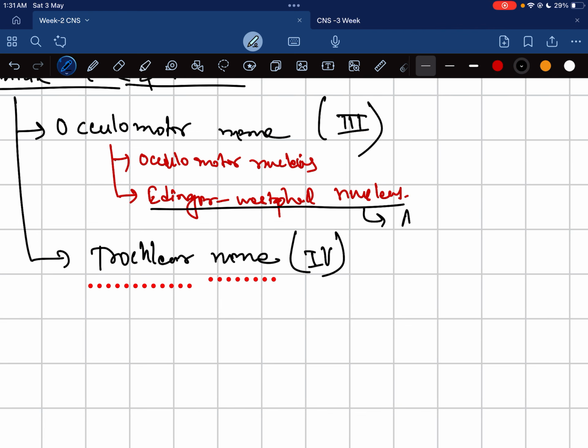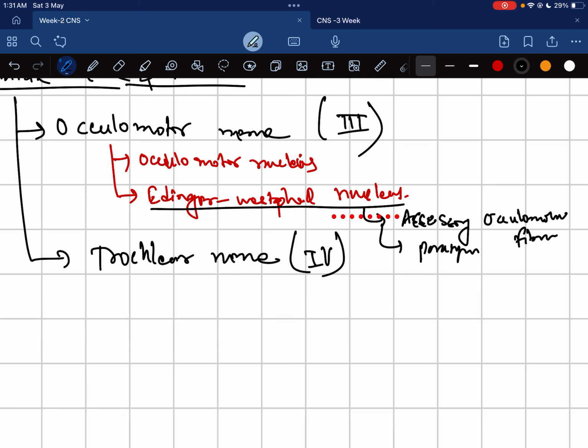This Edinger-Westphal nucleus has accessory oculomotor fibers and parasympathetic fibers for the eye.